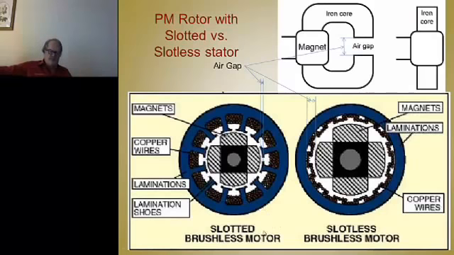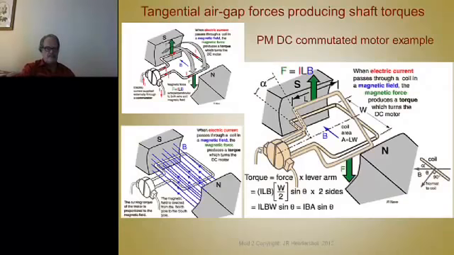And I've shown, for illustration purposes here, a brushless motor circuit of two types. One we call slotted, and the other is slotless. Now this slotted one, it's got the conductors in there, but they're not in the air gap like the previous slide shows.